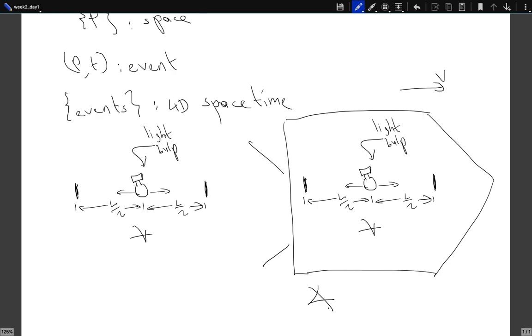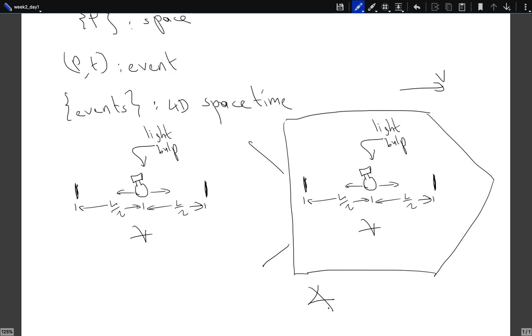So this light beam will have to travel a shorter distance than this one, because once the beam leaves the lamp until it reaches this surface, again it will take a finite amount of time. So during that time, this surface will move. So for this light beam to reach the right surface, it has to travel a longer distance.